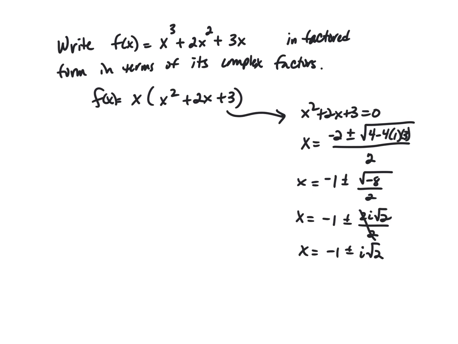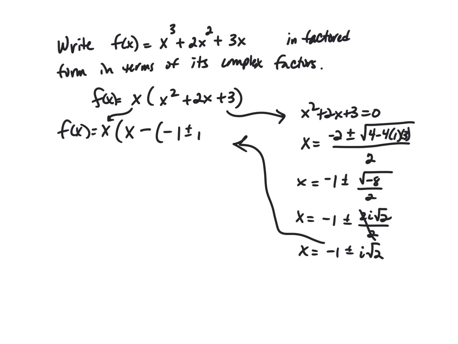So now I'm going to take those two solutions and rewrite them back in factored form. So I have f of x equals x, that was this guy. And now taking the x minus and taking those solutions and putting them back in, that's negative 1 plus or minus i root 2. Essentially, I am finished, and I can stop here.